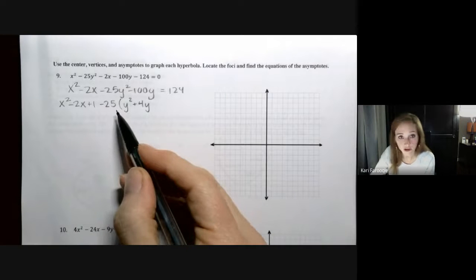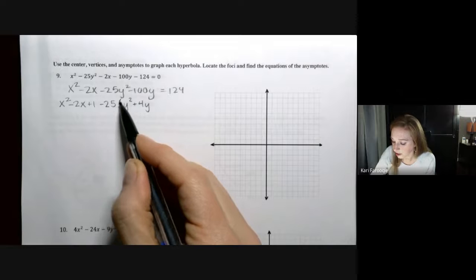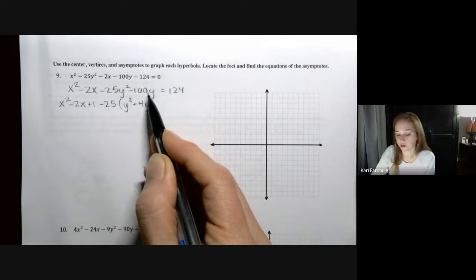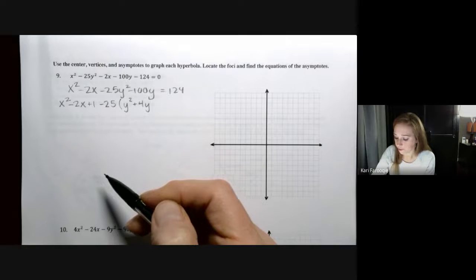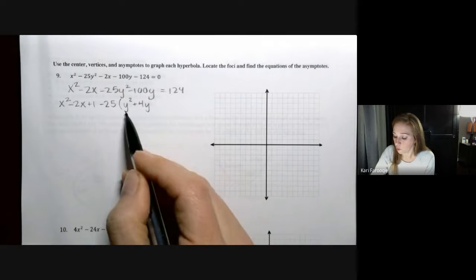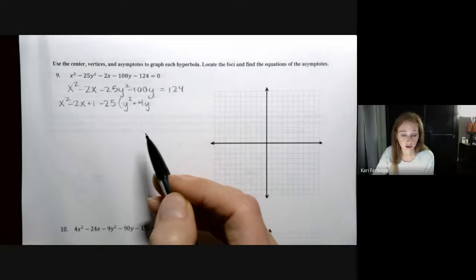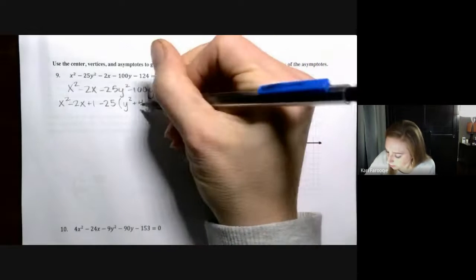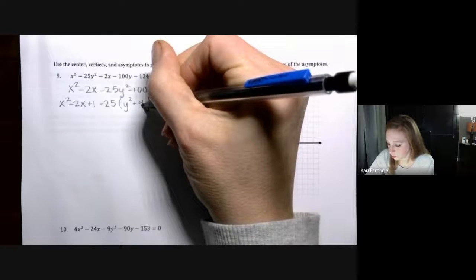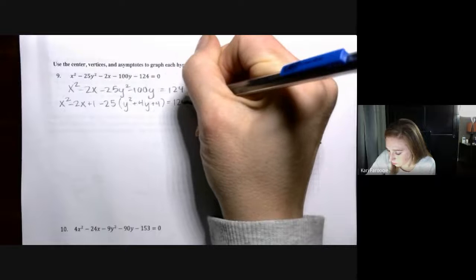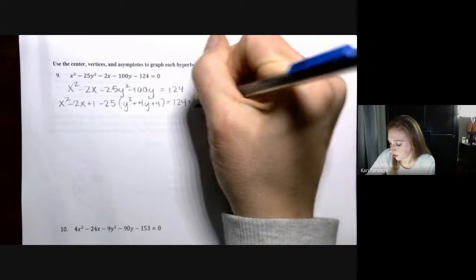If you were to redistribute this, you'd have negative 25y squared and minus 100y, which is exactly what you're supposed to have. Now, once you have this, you can go ahead and complete the square inside the parentheses. Half of 4 is 2. 2 squared is 4. And then we'll discuss what needs to be added on both sides.